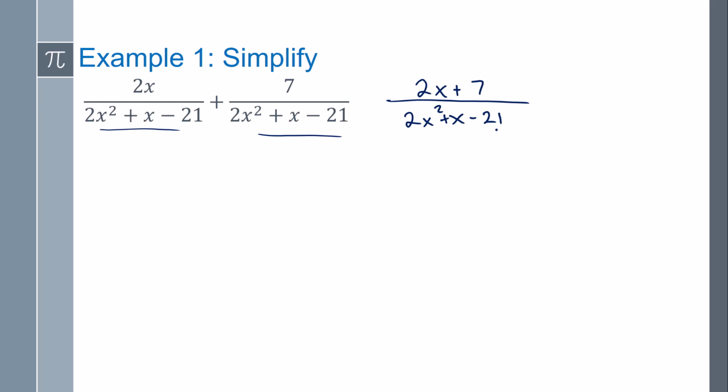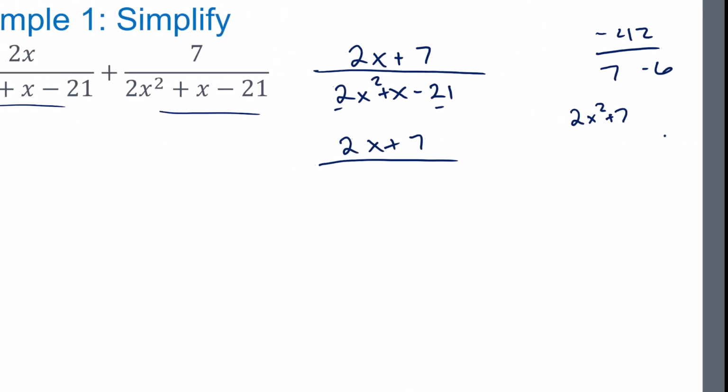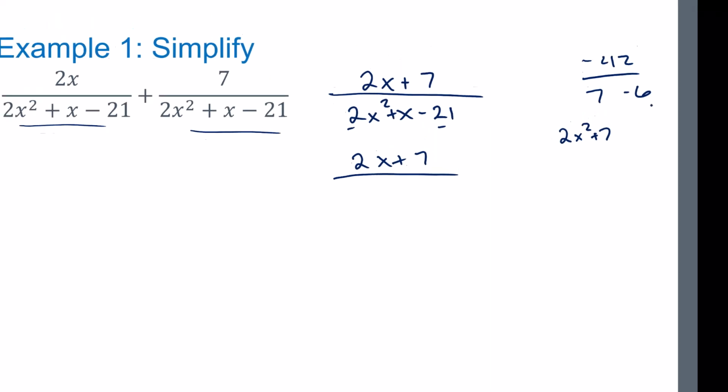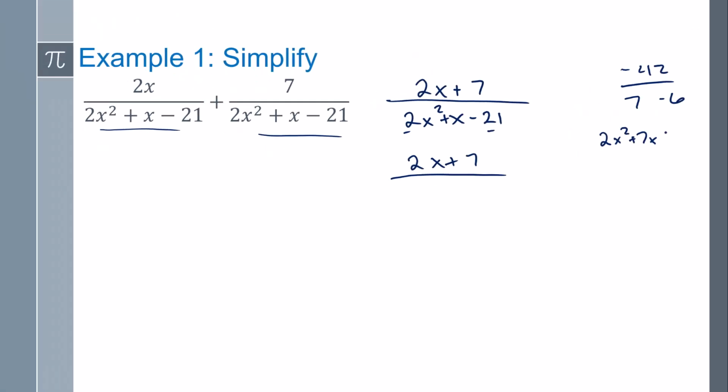Remember, it's the factors that reduce. So A times C, -42, factors that add to +1, so 7 and -6. So I'm going to factor that off to the side here. I have 2x squared plus 7x minus 6x minus 21.